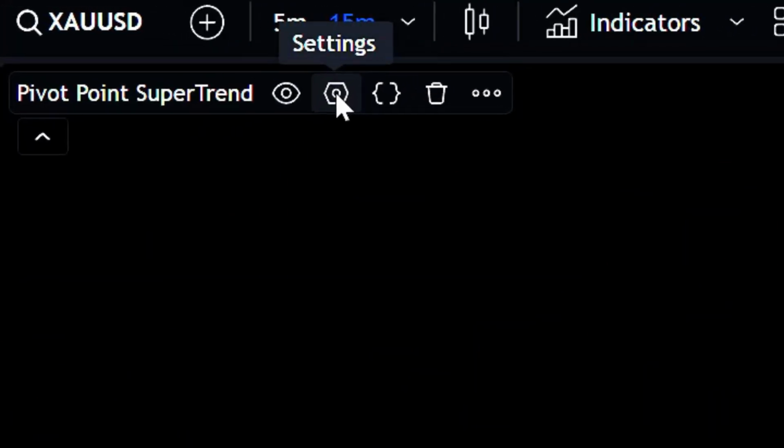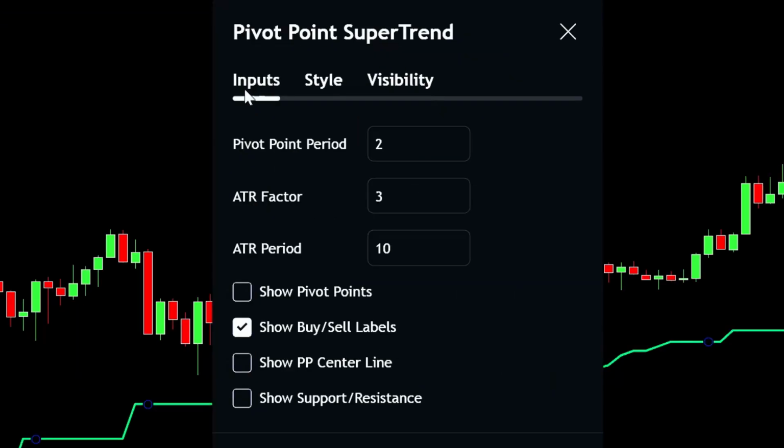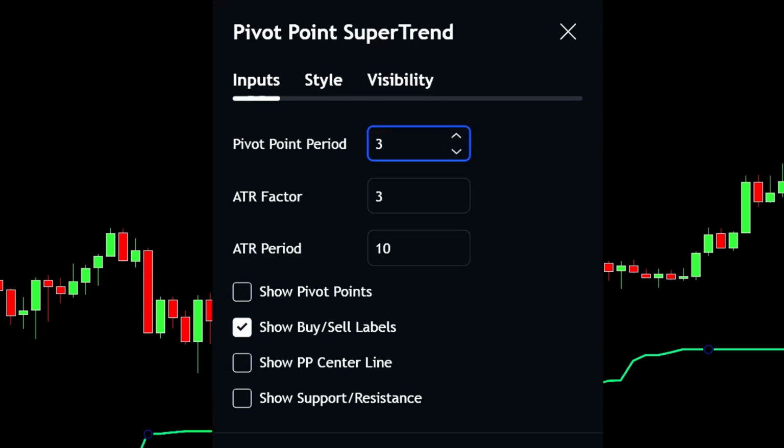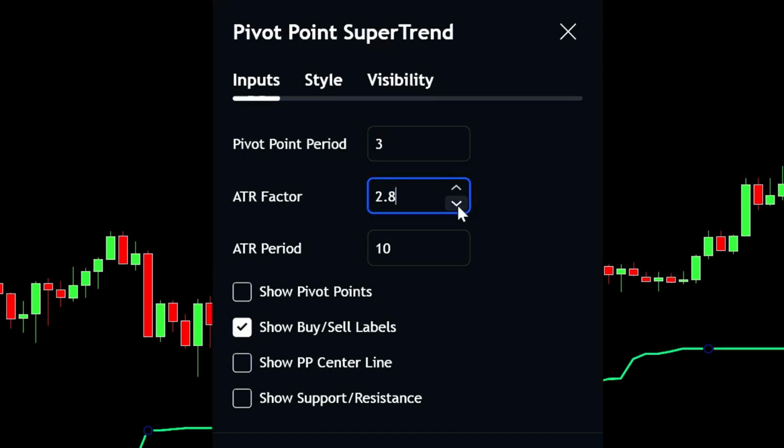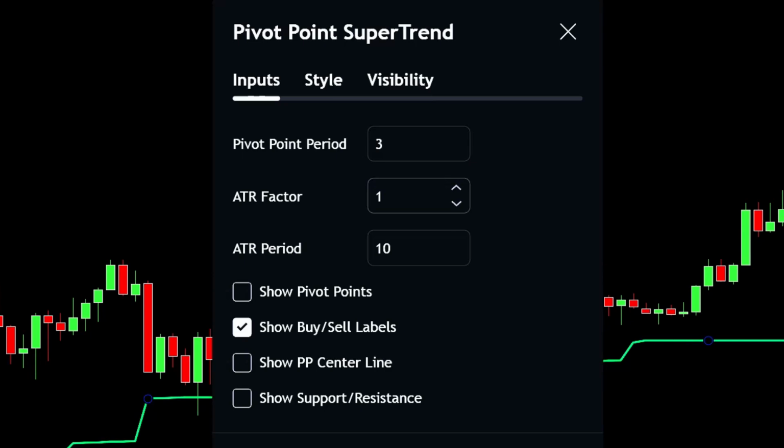In the Inputs tab, change the pivot point period to 3, and then the ATR factor to 1. Then set the ATR period to 7.